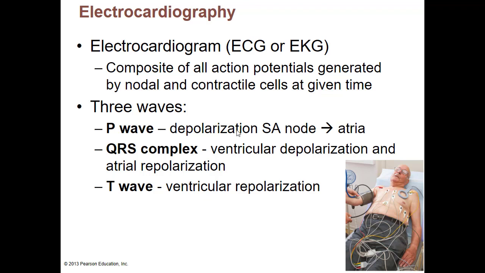And the last one, your T wave. The T wave is where your ventricles repolarize. They're resetting themselves. Depolarization is going to be the contraction, and repolarization is going to be the relaxing part. Electrically, it's resetting itself.